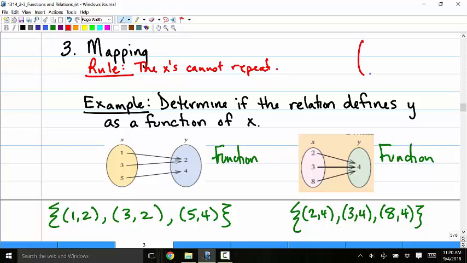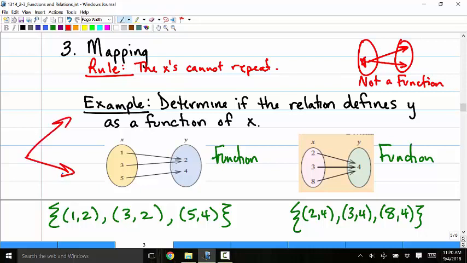If you have a mapping that looks like this, so this x value is going to go over here to 2 different y values. This is not a function. Does that make sense? So if your arrows go like this, it's not going to be a function.